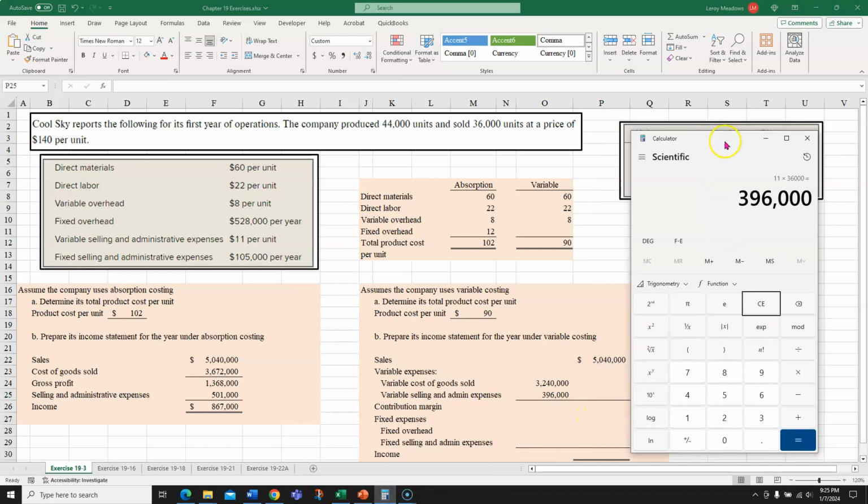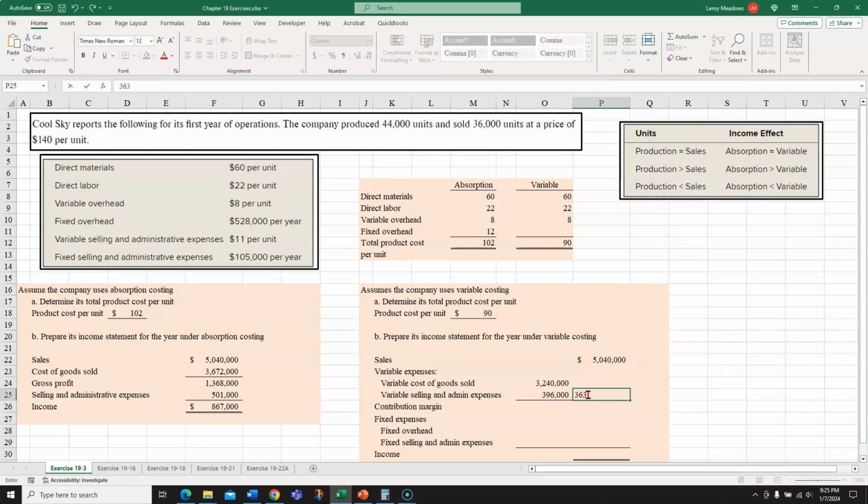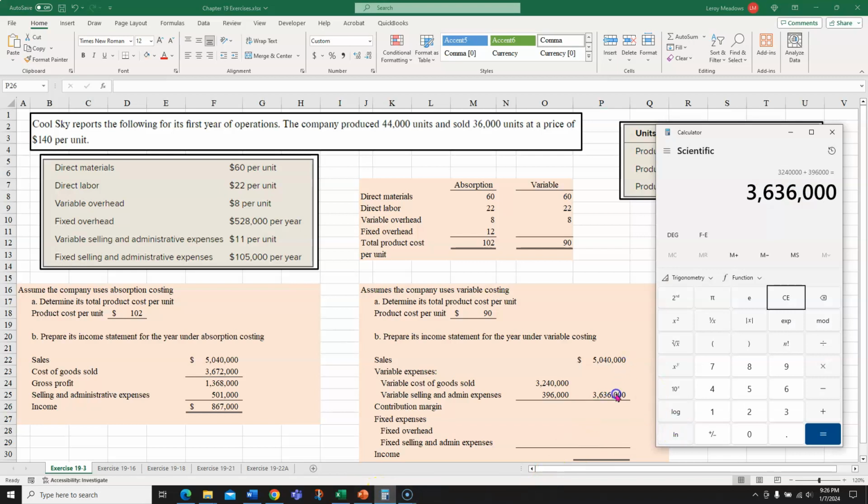So I need to figure out my total variable expenses: 3,240,000 plus 396,000 gives me total variable costs of $3,636,000. When I subtract that from our sales, I get a contribution margin of $1,404,000.